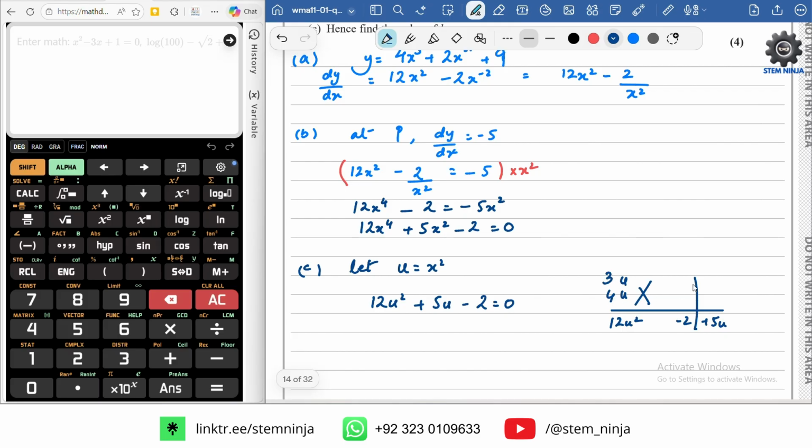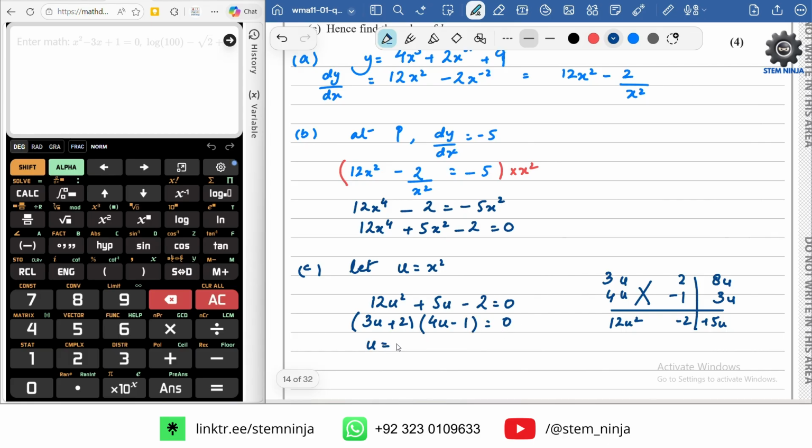If we do 3 and 4, 4 times 2 is 8, 3. The only way we can get a positive is if the 3 is negative. So you get (3u plus 2)(4u minus 1) equal to 0.